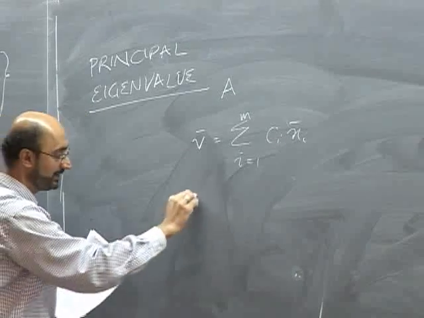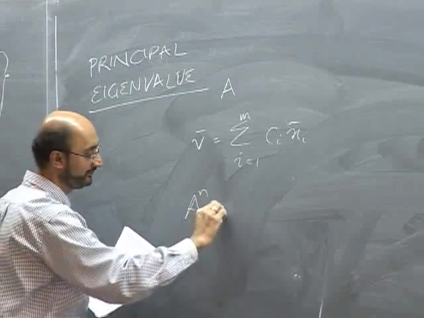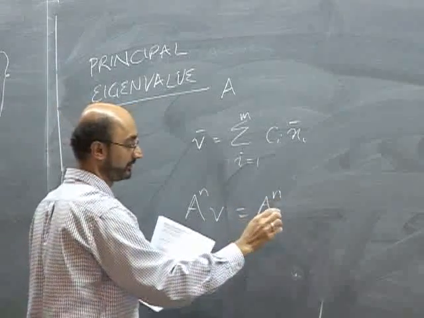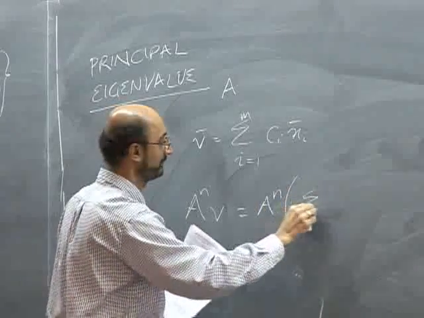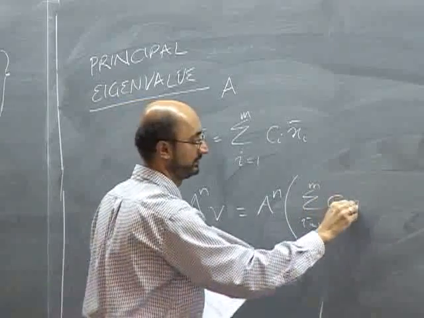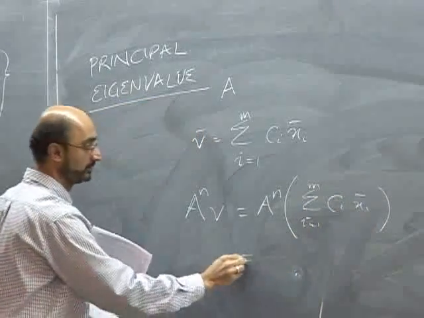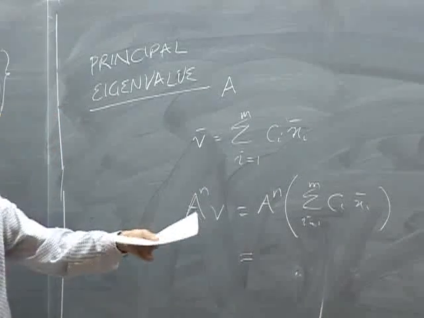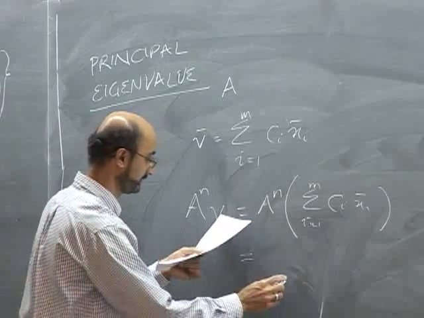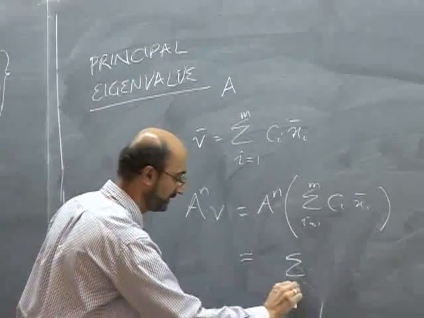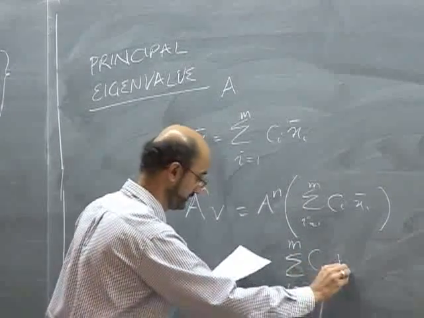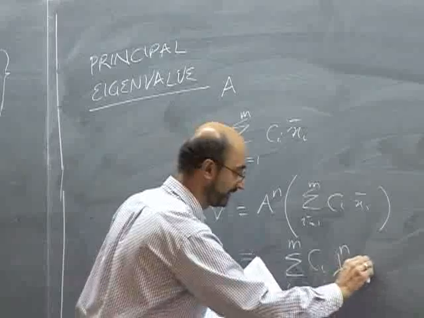Then we can say that A to the n applied to v is equal to A to the n applied to this thing over here, the sum over i equals 1 to m of ci xi, and by the fact that A x equals lambda x for these eigenvectors, we get the equation that it's going to be the sum over i equals 1 to m of ci lambda i to the n xi.